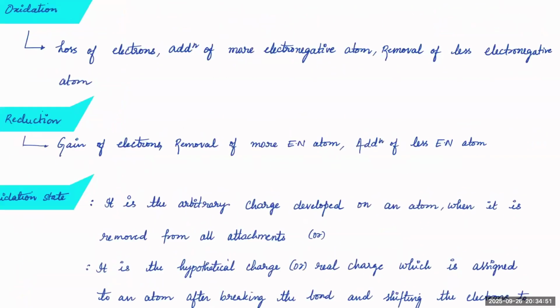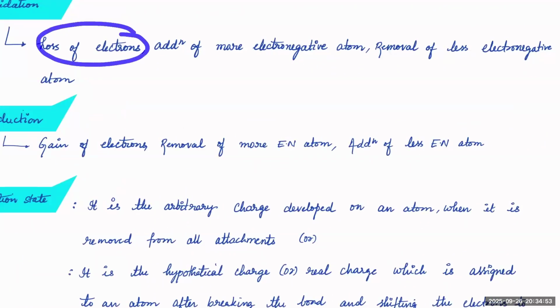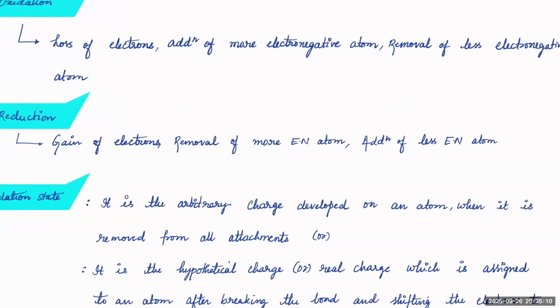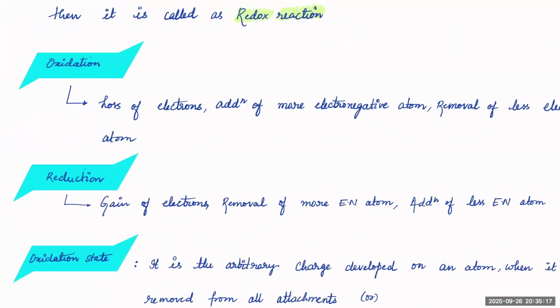By definition, oxidation is something where there is a loss of electrons from the species. Another way of defining it is if more electronegative elements get added to the reference species you are talking about, or there is a removal of less electronegative atoms out of that reference species. So this fits the definition of oxidation.